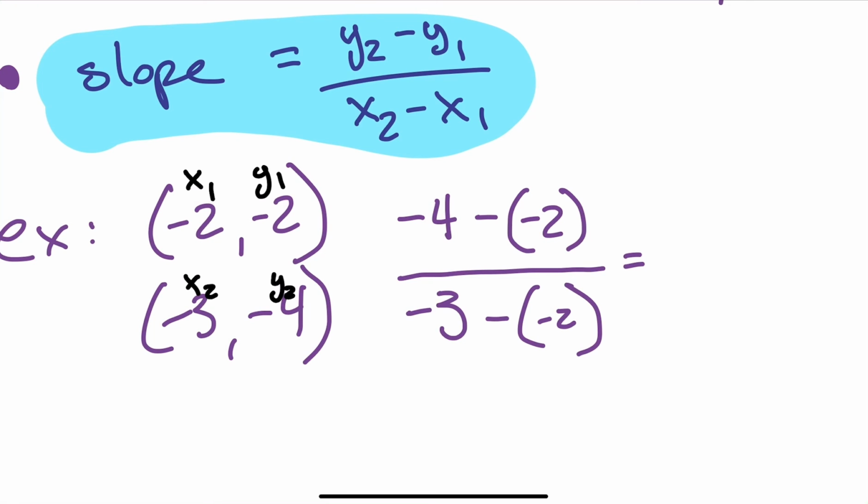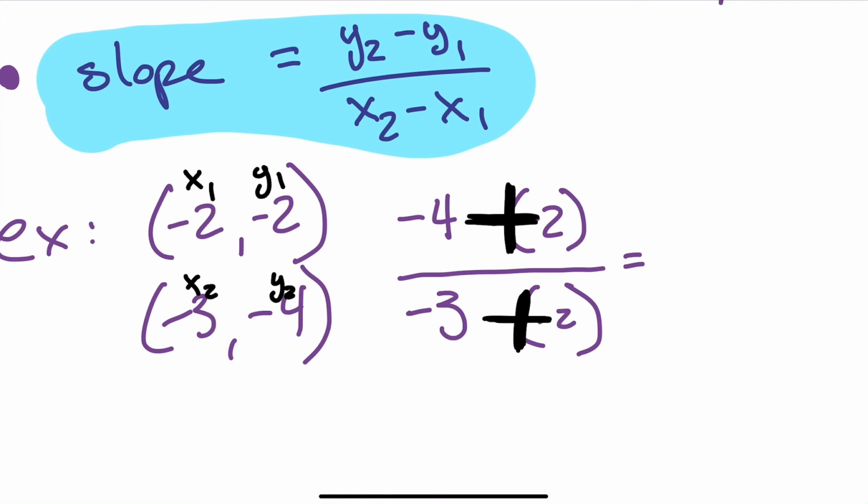So I'm going to multiply negative times a negative here. Negative times a negative is going to give us a positive. So I'm just going to turn this into a huge plus sign. I'm also going to do the same thing to the bottom because we have that same situation going on down there.